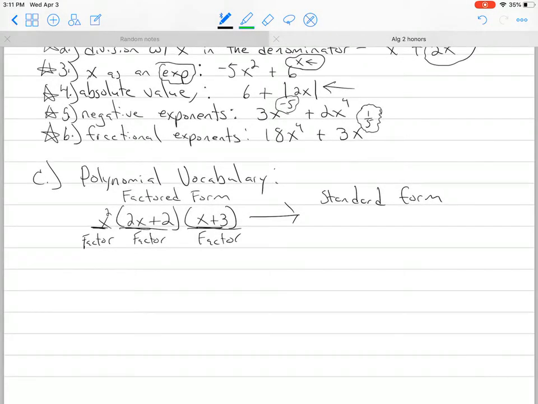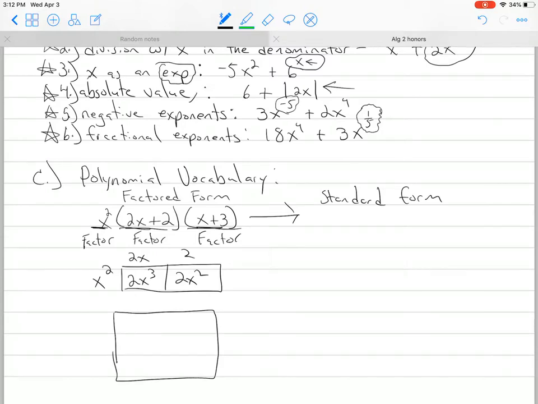So I'm actually going to do this one out. So first I'm going to take x squared times 2x plus 2, because I'm just going to multiply this through. So I end up with 2x to the 3rd plus 2x squared. So now I'm going to take 2x to the 3rd, excuse me, plus 2x squared, and I'm going to multiply it by this next piece, which is x plus 3.